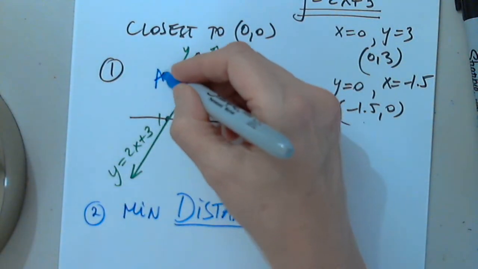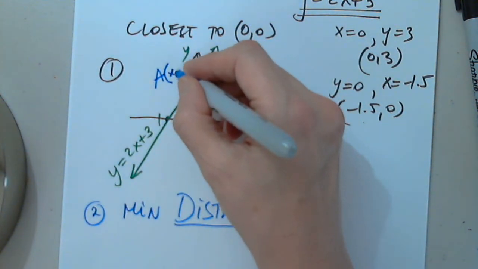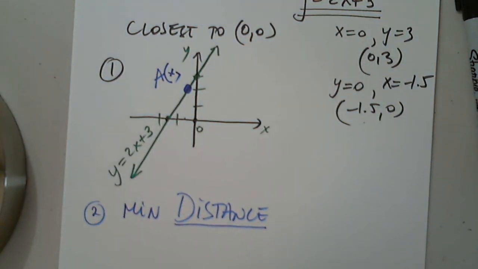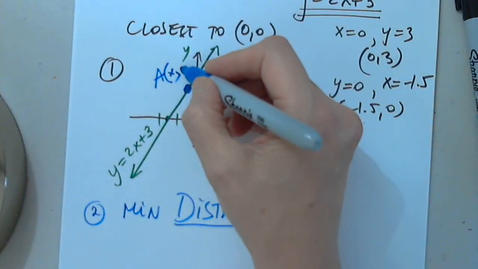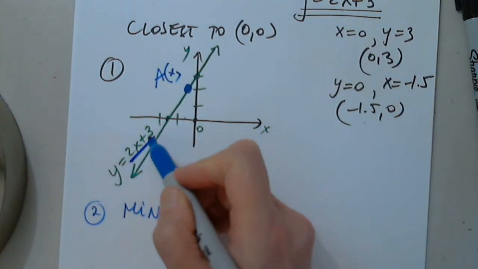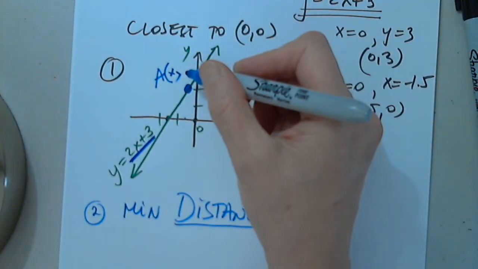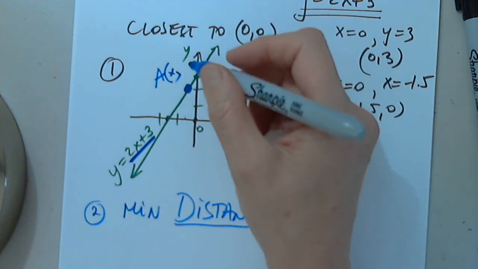This is point A of coordinates x. Can anyone give us the y coordinate of A? 2x plus 3.